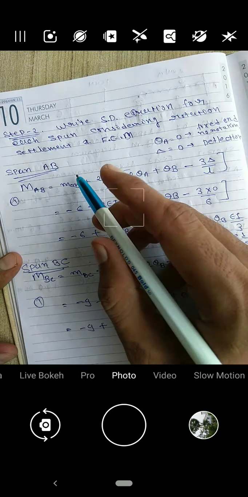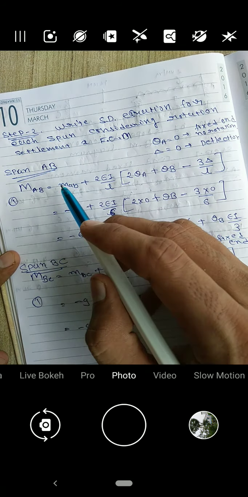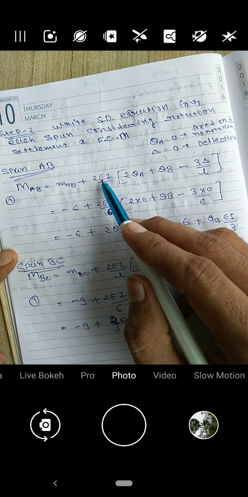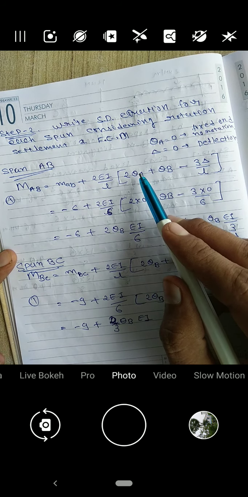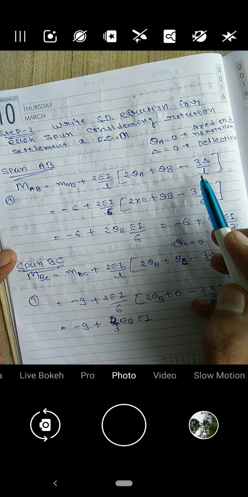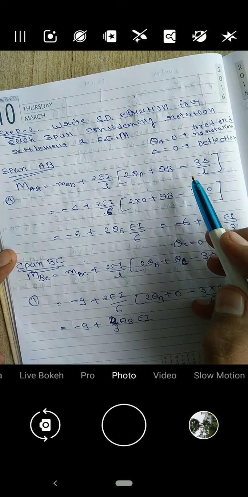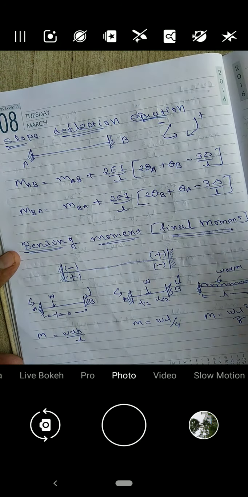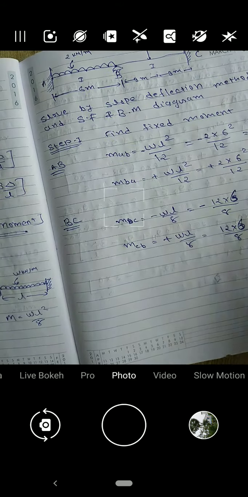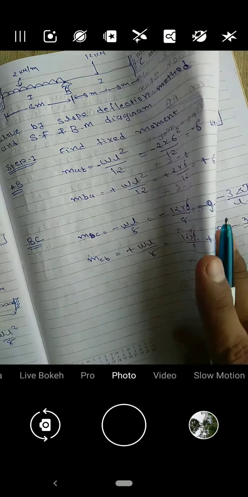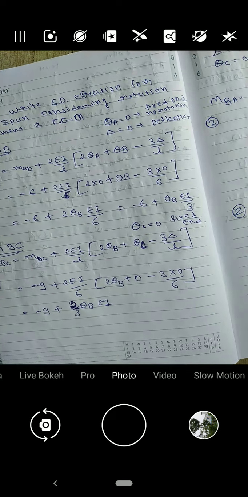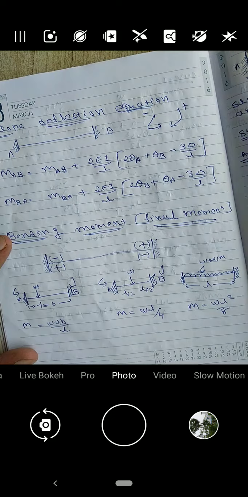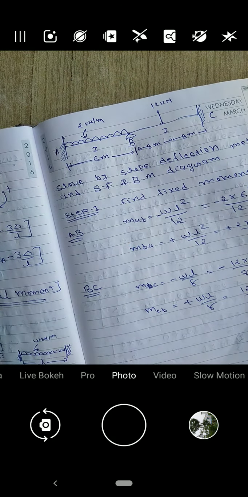Similar way MAB is equal to MAB, we already found this MAB, then plus 2EI divided by L, 2 theta A plus theta B minus 3 delta by L. Here MAB we also already found, this is minus 6 kN per meter, and 2EI by L, the distance is 6 meter.